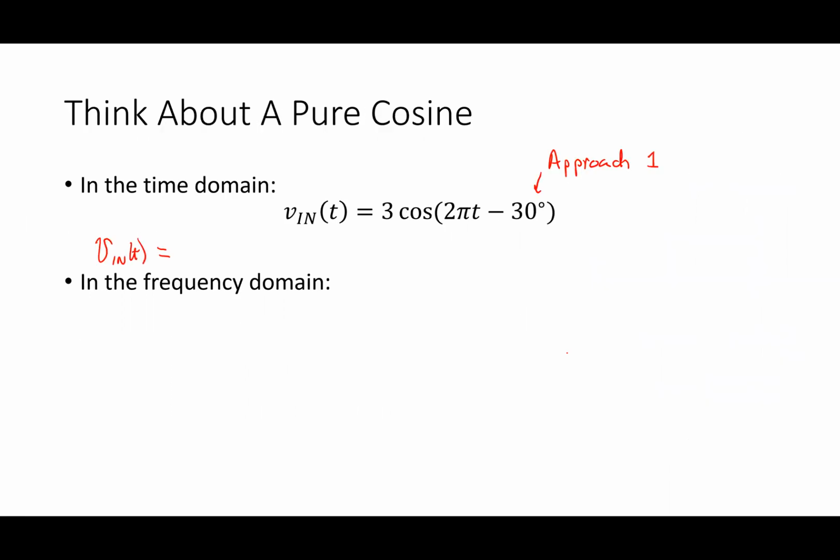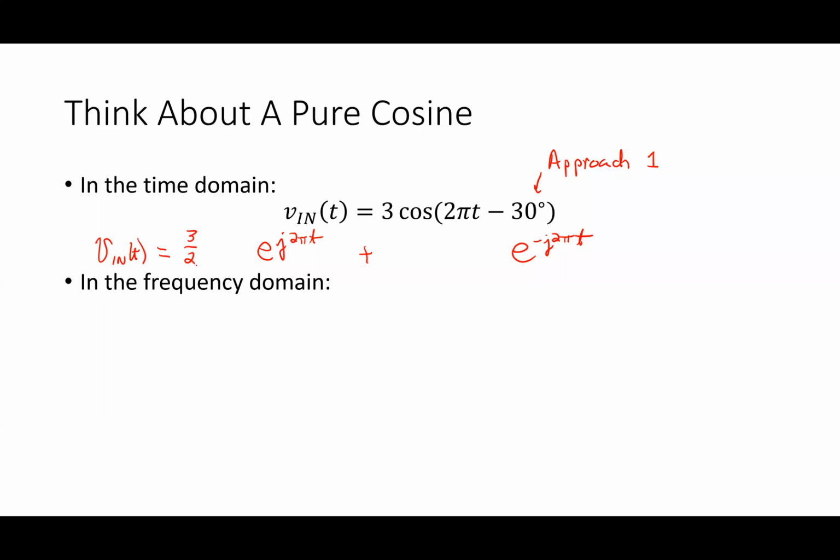How would I express that? There's two exponentials, right? One has e to the j 2 pi t, and the other has e to the negative j 2 pi t. What are the amplitudes on those two terms? Well, 3 over 2, 3 halves.